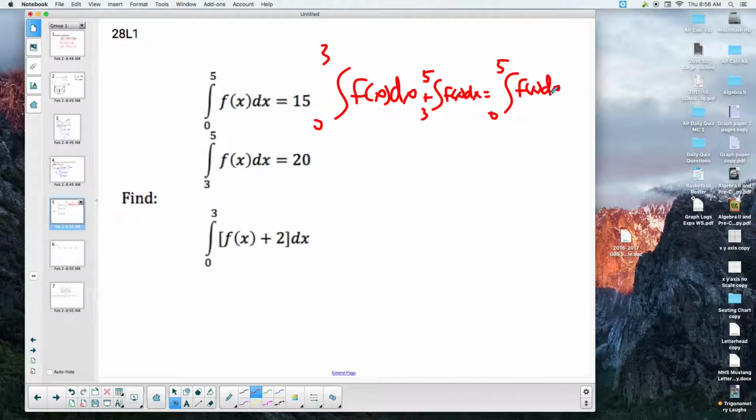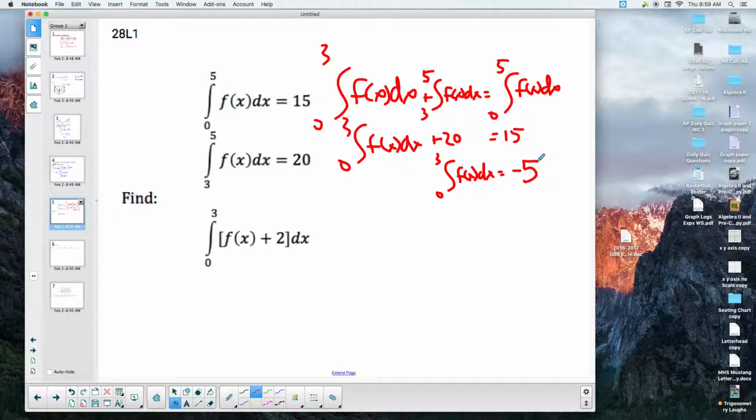Fill in what we know. We know 0 to 5 is 15. We know 3 to 5 is 20. And we don't know from 0 to 3. All right, we can solve for 0 to 3 by subtracting 20. 0 to 3 of f of x dx equals negative 5.